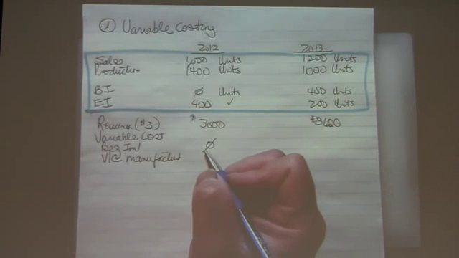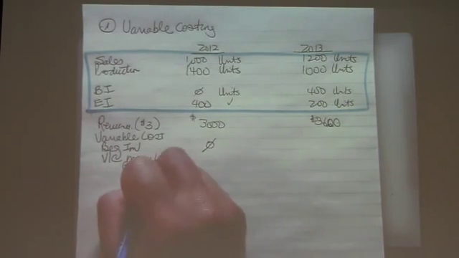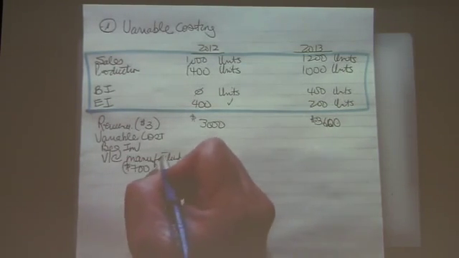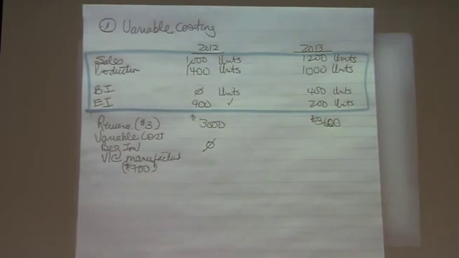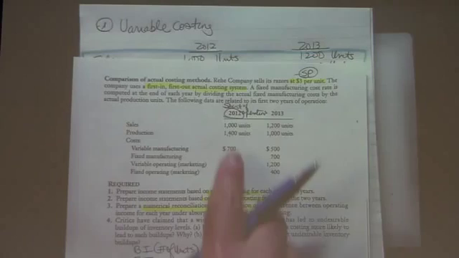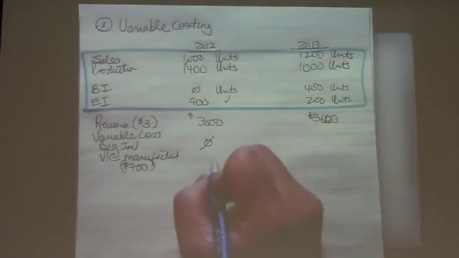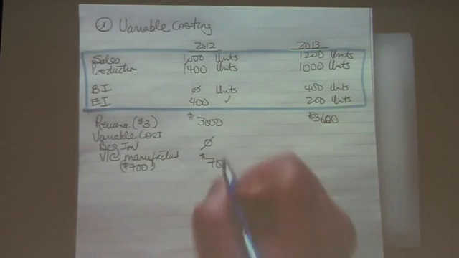The variable cost is $700, right? That's given to us. Actually, these are total dollars, not per unit. So that one there is all 700. That's given.